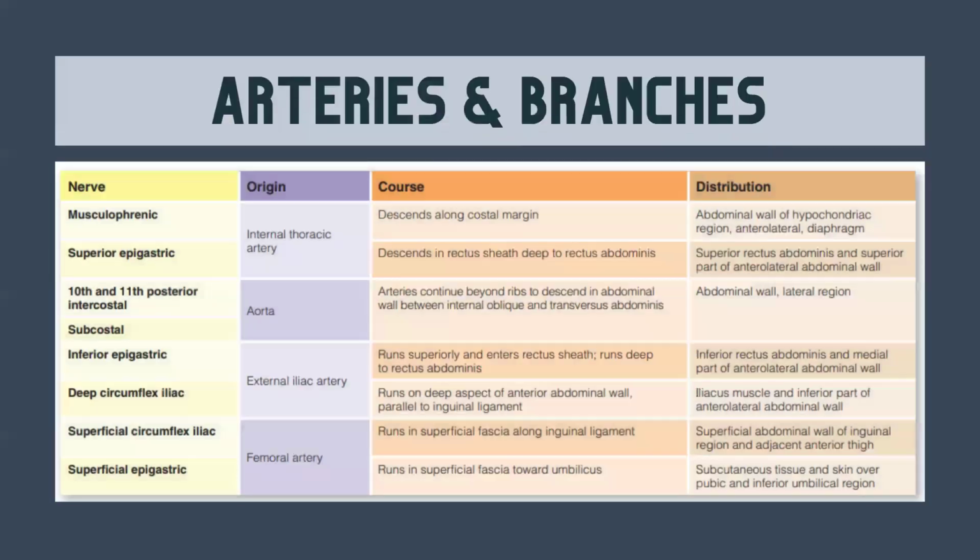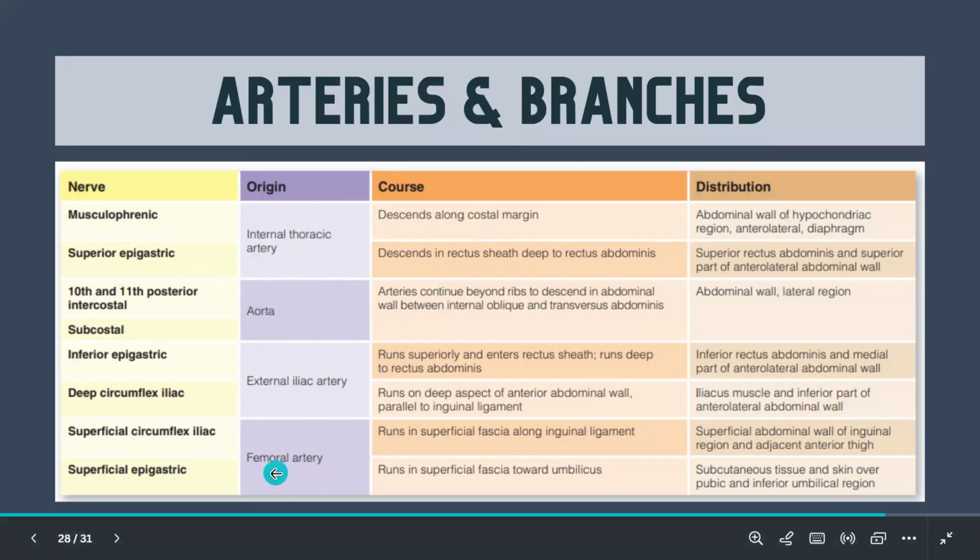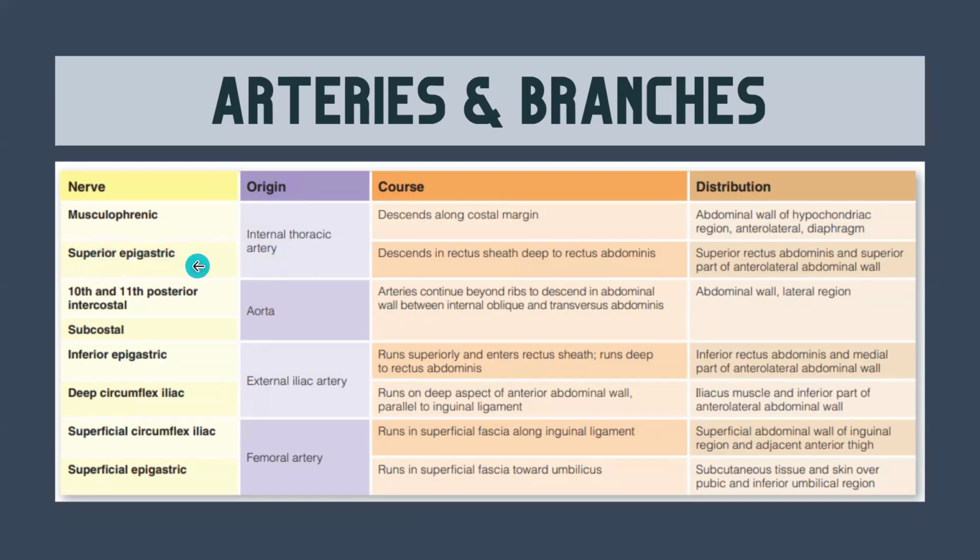Now, these are the arteries. You try to remember the origins: the internal thoracic, the aorta, the external iliac, and last, the femoral artery. Each has two branches. The internal thoracic has the musculophrenic and superior epigastric.